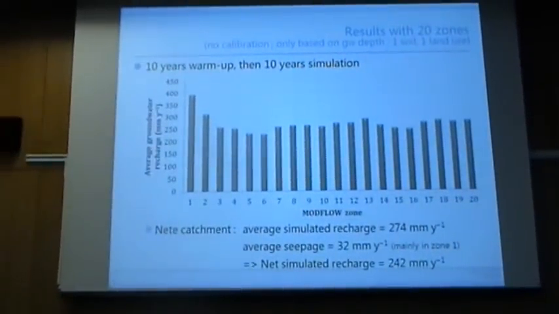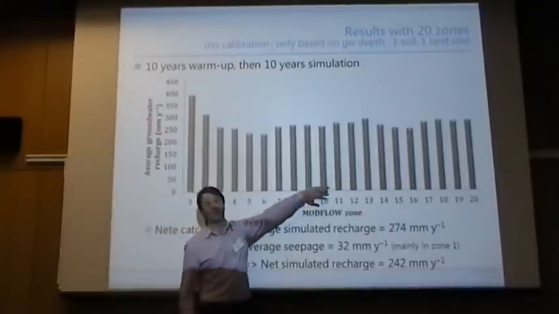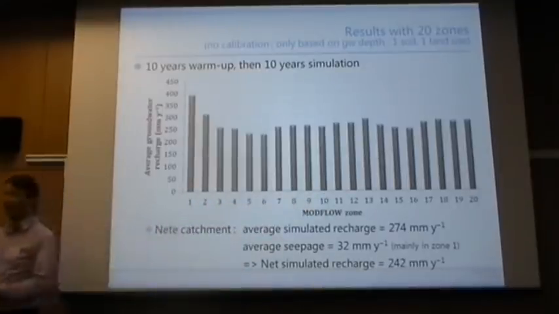Here I show you for every zone the average groundwater recharge. And also, as we have seen yesterday in the presentation, if your groundwater is deeper, the recharge is less sensitive to the groundwater depth.